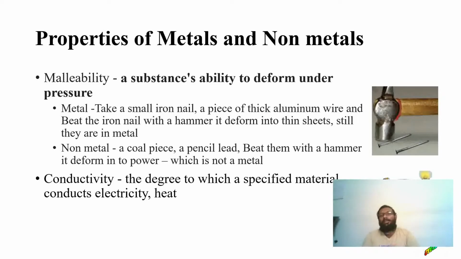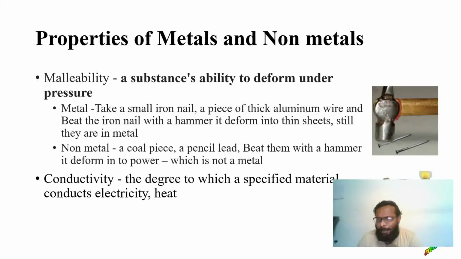For example, non-metals like coal and pencil lead, when you hit them with a hammer, are deformed into powder, not into a sheet. So metals are malleable and non-metals are non-malleable.